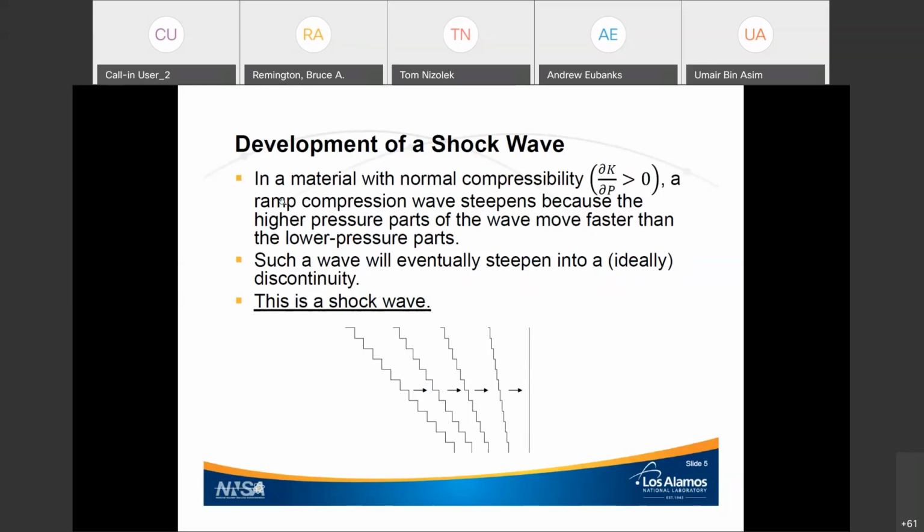In such a material, if you put in a compression wave that has a finite rise time or a finite rise distance, so imagine this thing propagating this way, that wave will steepen because the higher pressure parts, last week I talked about these little stair steps in pressure, each one is running faster than the lower pressure parts, so that it eventually will steepen into, again ideally, a discontinuity. And of course, that is a shock wave.